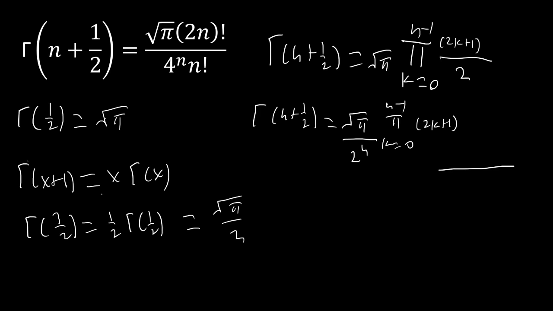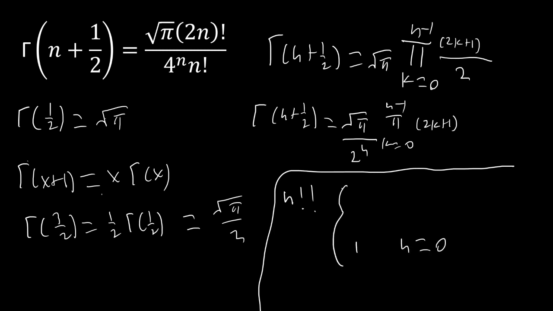So I'm going to go ahead and talk about the double factorial because we're going to use it a lot. So n double factorial is 1 if n is 0 or -1, is 1 times 3 times 5 times 7, so on and so forth, if n is odd. And it's 2 times 4 times 6 times 8, and so on and so forth for n is even.